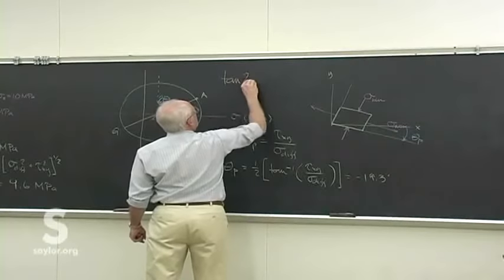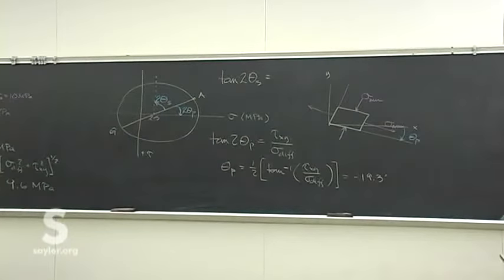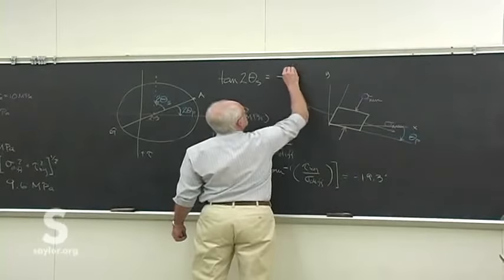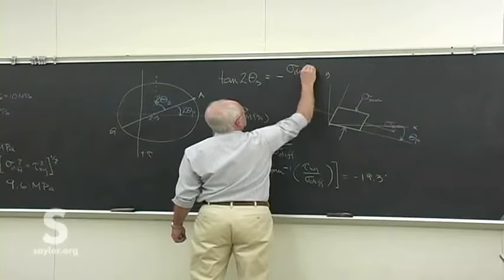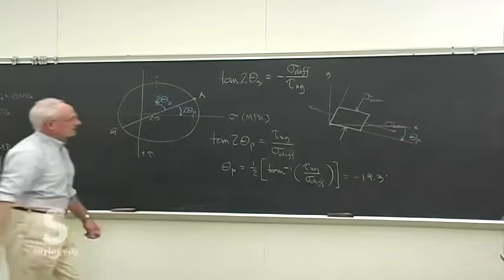So the way to find that principal plane is minus sigma diff over tau xy itself.